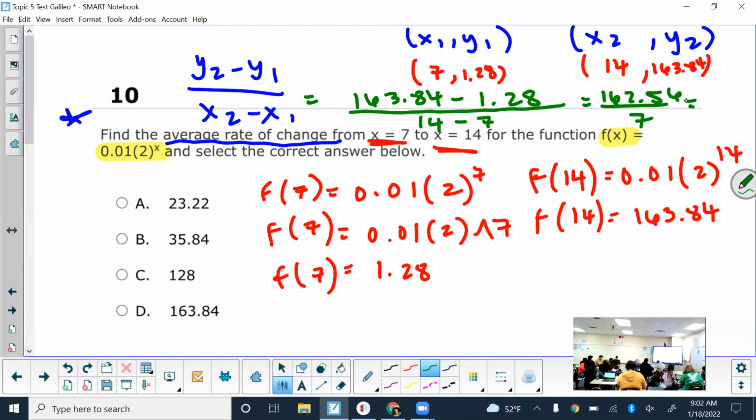So divide 162.56 by 7, and that's how I get the average rate of change of 23.22. So that's why the answer option A is correct. Questions there?